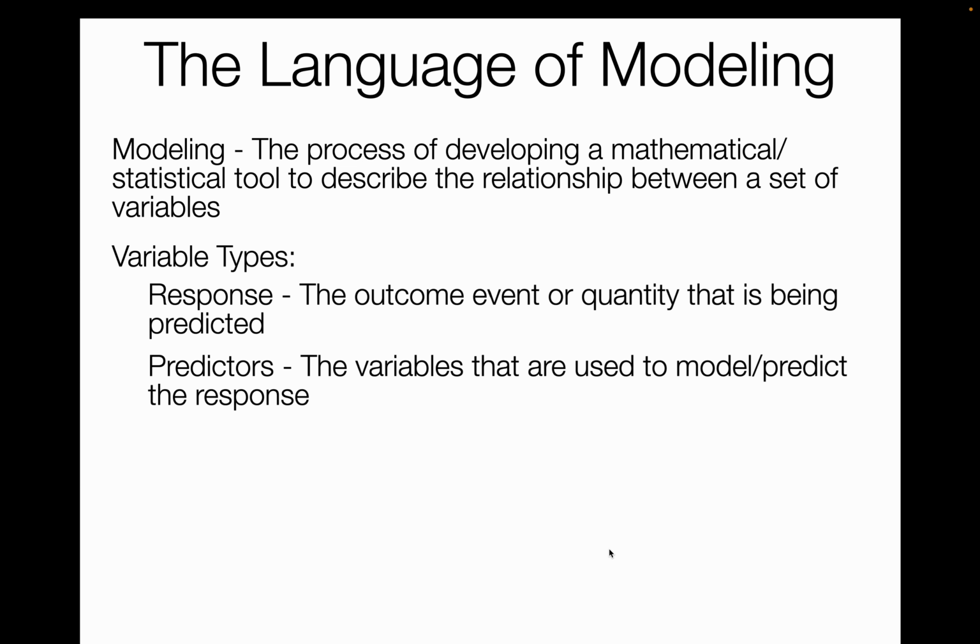Response is the outcome, event, or quantity that is being predicted or classified, or whatever else you can think of. And the predictors are the variables that are used to model or predict the response. I think the number of hours that you study for a class is associated in some way with, has some effect on, your grade in the course.